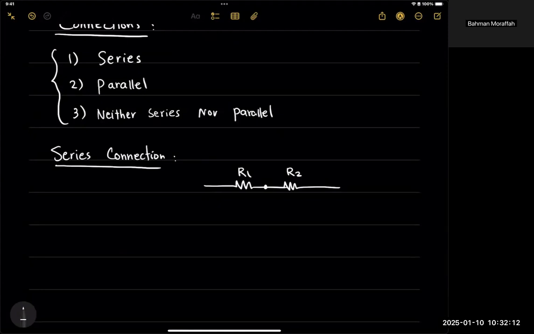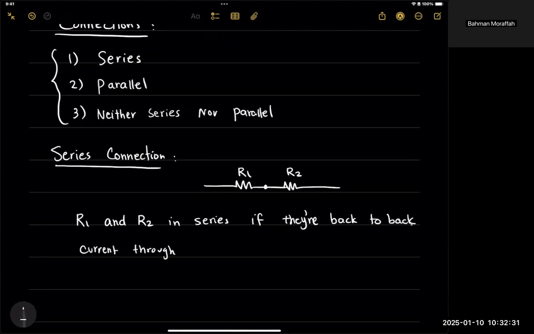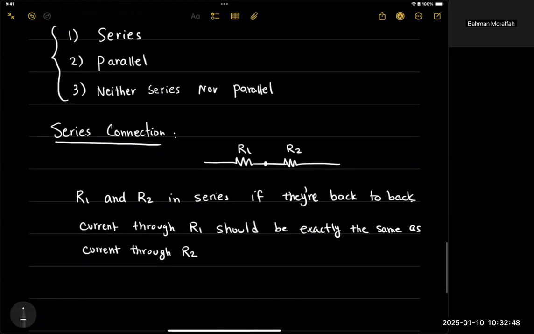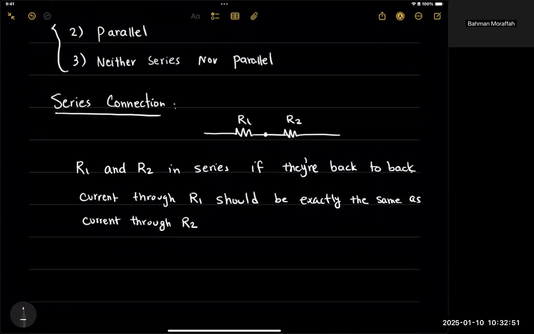Also, the current through R1 should be exactly the same as the current through R2, right?